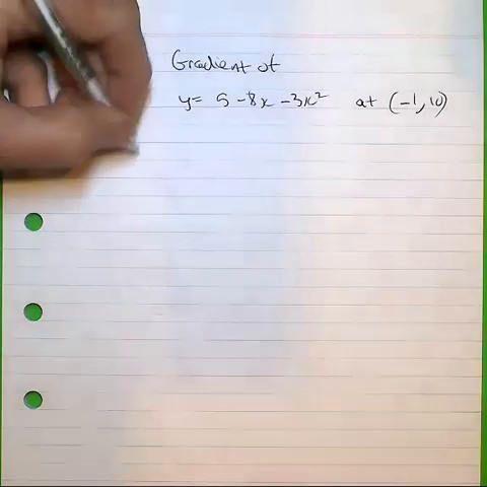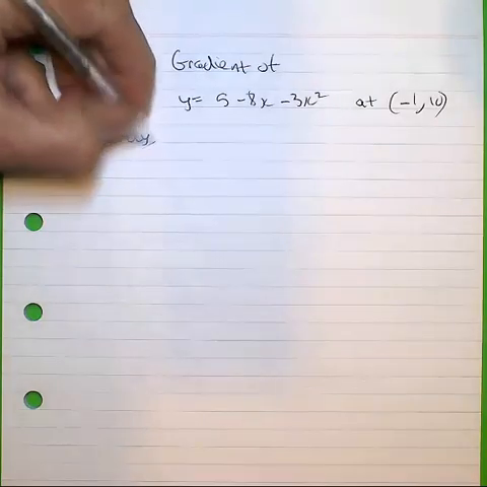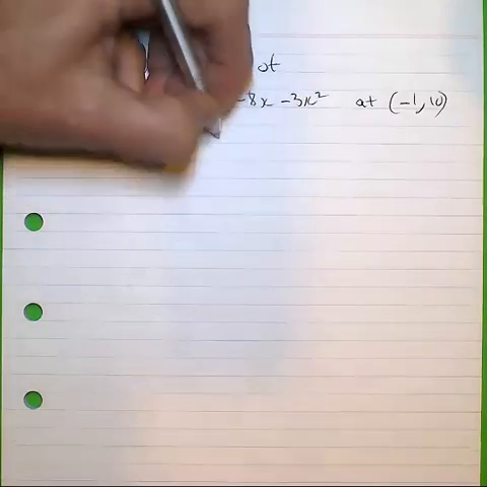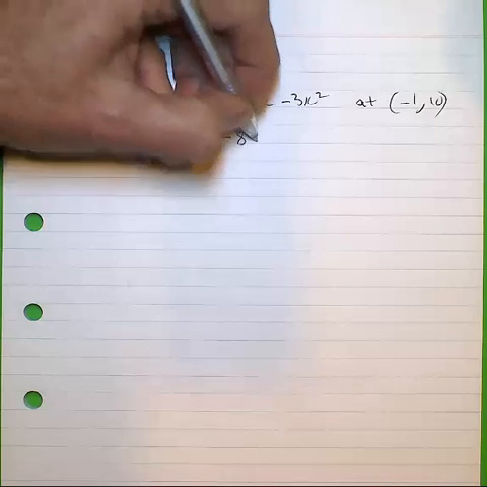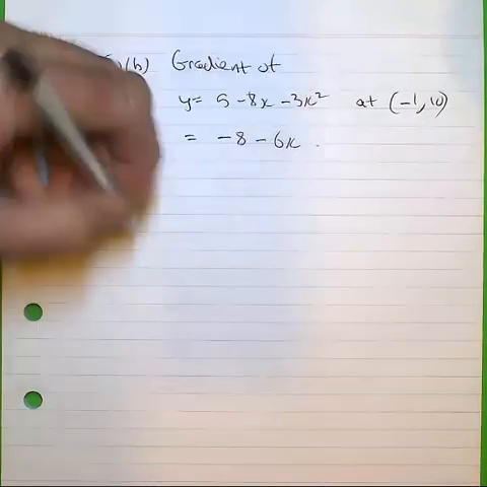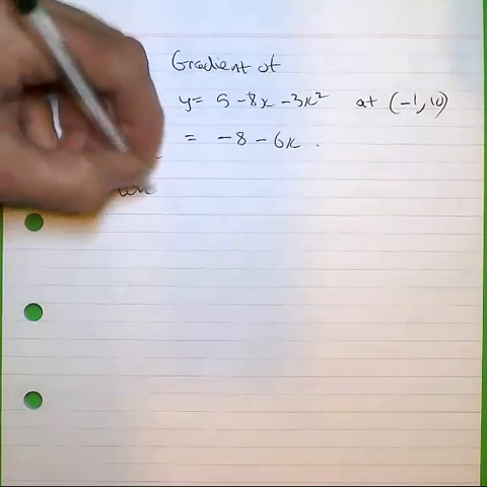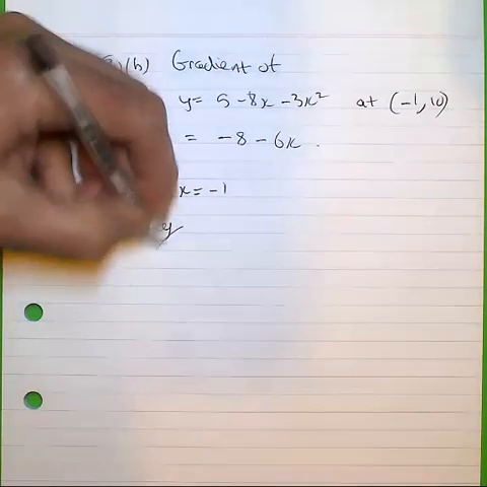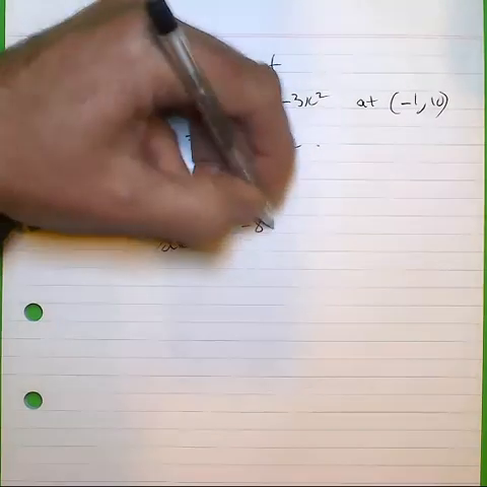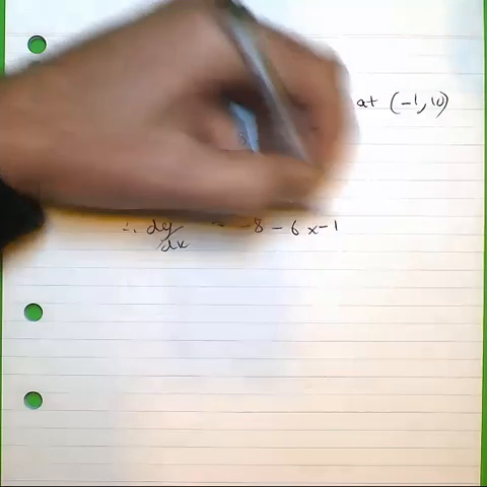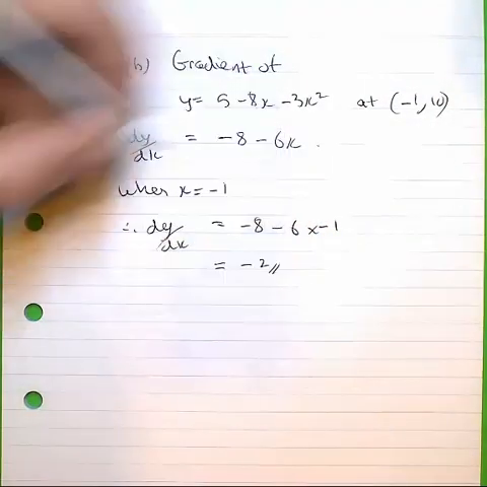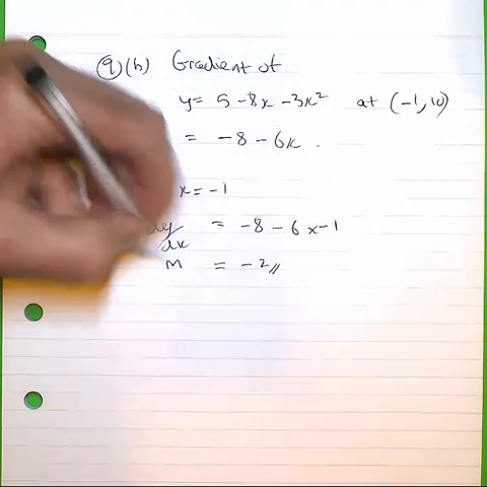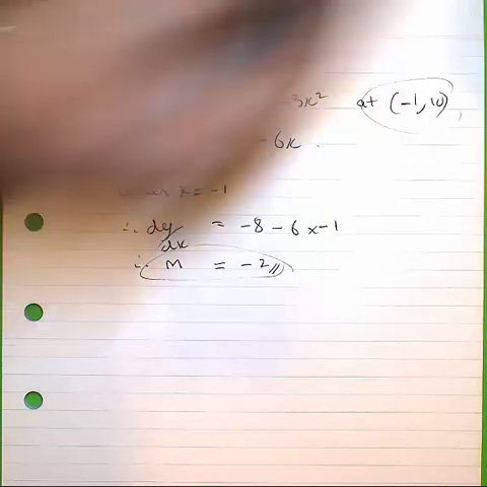In B, very similar thing. I'm going to take the derivative. So it gives me -8 minus 6x. When x is equal to -1, I have my gradient, -2, and I've got my point.